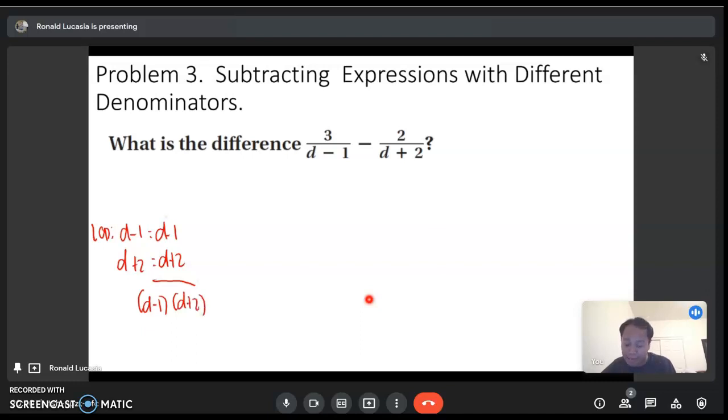Please do not cancel d, because when you cancel d, automatically the negative 1 and positive 2 will also be cancelled out. There is not a common factor between d minus 1 and d plus 2 because the operation is addition and subtraction.